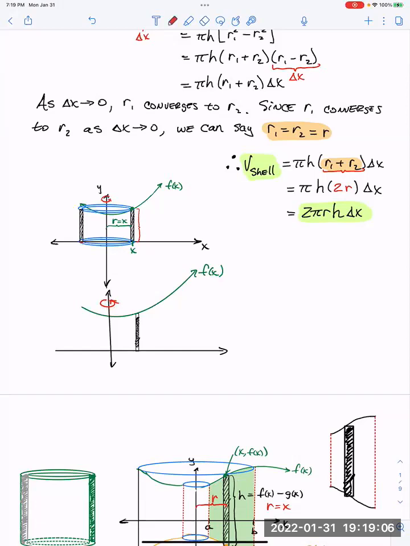The radius of this arbitrary shell runs the distance from the axis of rotation to the shell, because remember, this shell is going to be rotated around this axis to make this shell that you're seeing up here in this picture. Okay, so we've got our radius. Now the last thing we need is our height, which is this distance here.